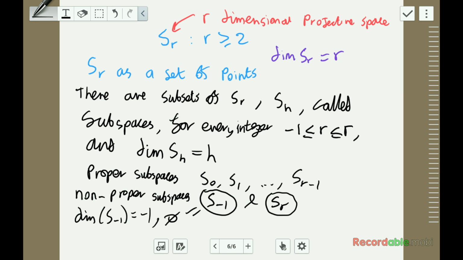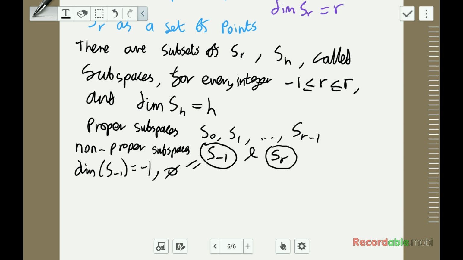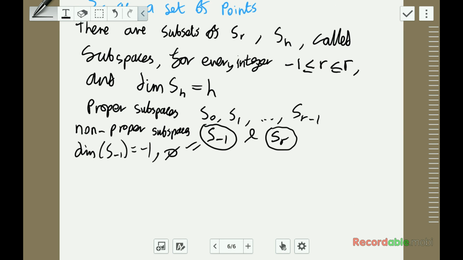Okay then, so we can really think quite a lot about these subspaces just in terms of thinking about how they can combine with each other.